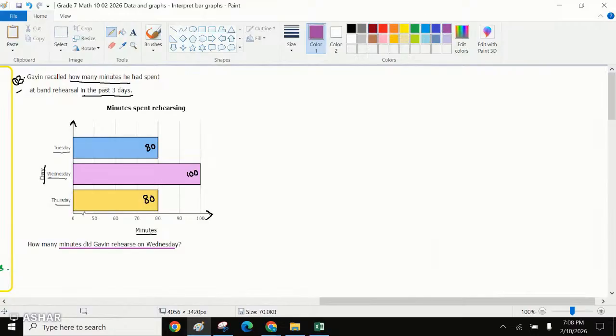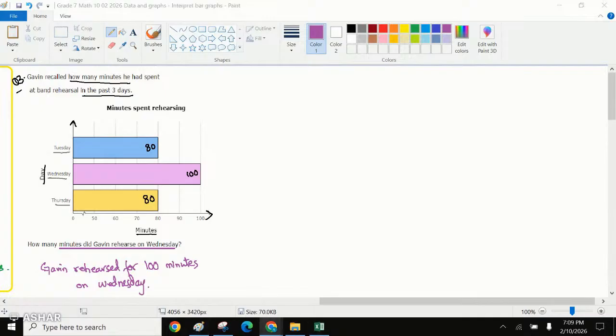So can we simply say that Gavin rehearsed for 100 minutes on Wednesday, right? You can only give 100 also as the answer, but writing a statement is way better. Agreed? Let's move ahead.